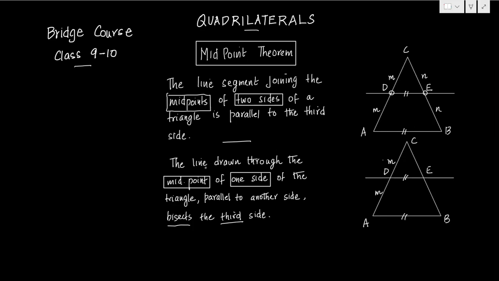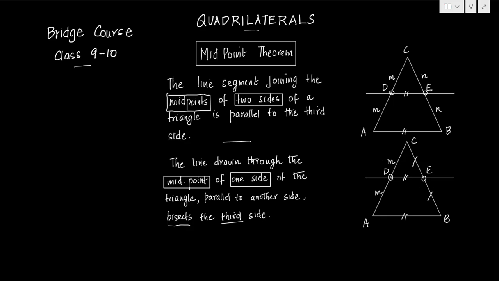What the converse says is the line drawn through the midpoint of one side. Okay, AC is one side and D is the midpoint of AC. So if D is the midpoint of AC, and if you draw a line DE which is parallel to AB, then this line DE intersects BC in a way that CE equals BE.